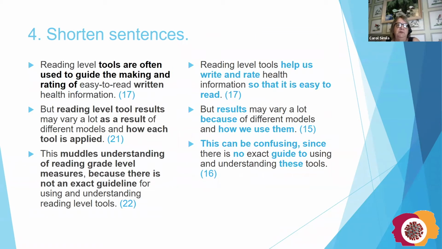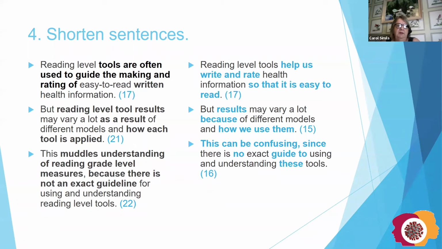So you shorten them. Reading level tools are often used to guide the making and rating of easy to read written health information could become, reading level tools help us write and rate health information so that it's easy to read. Okay, so now, but reading level tool results could become just but results.